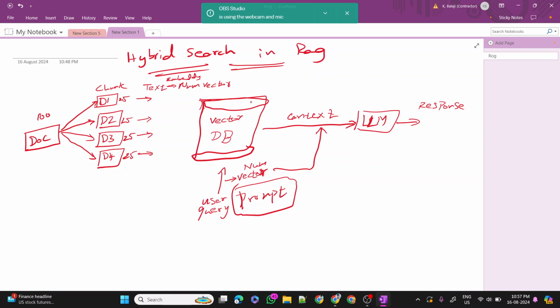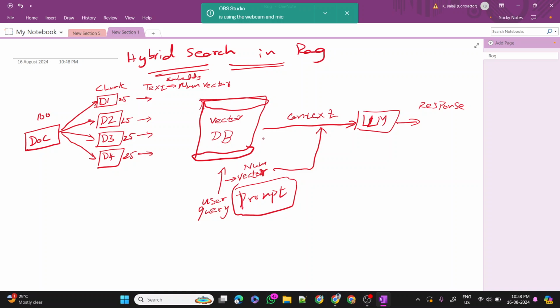So in this process, we retrieve some portion of data present in the vector DB, that portion of data that is similar to the numerical vector of the user query. To find the exact portion of data, we use some kind of search technique.